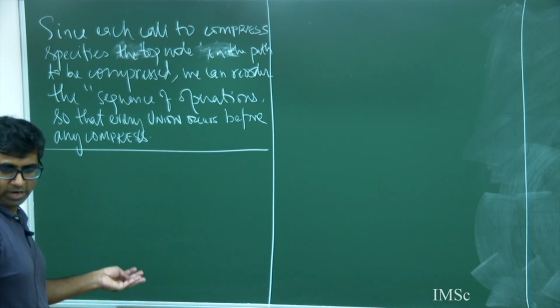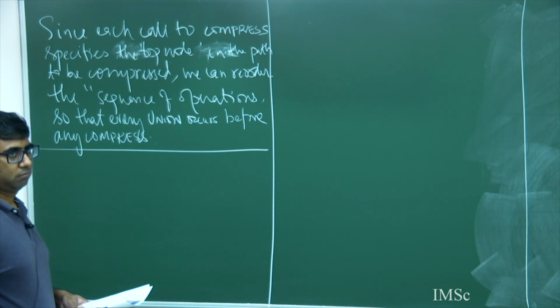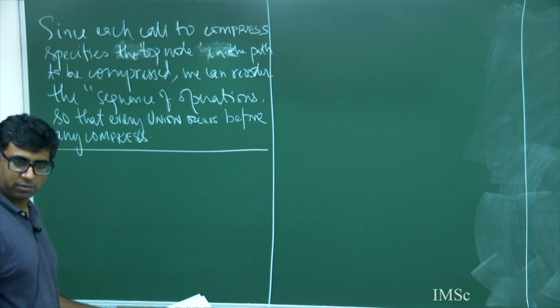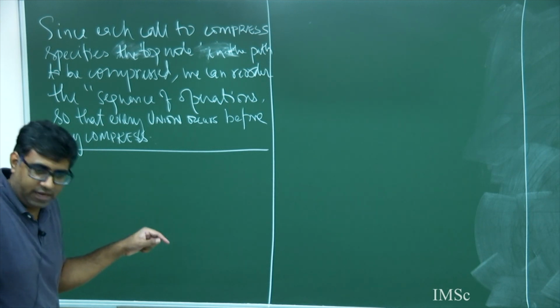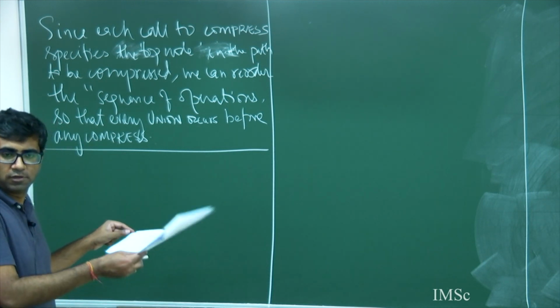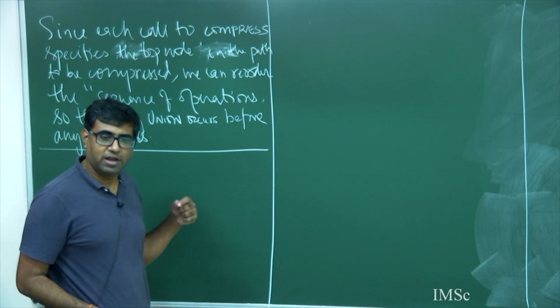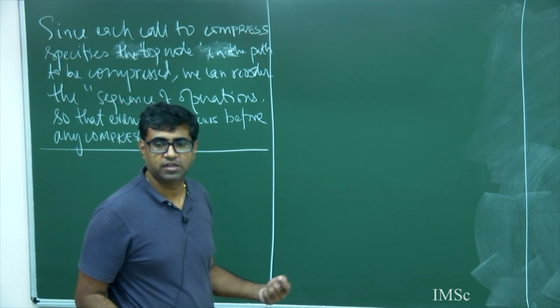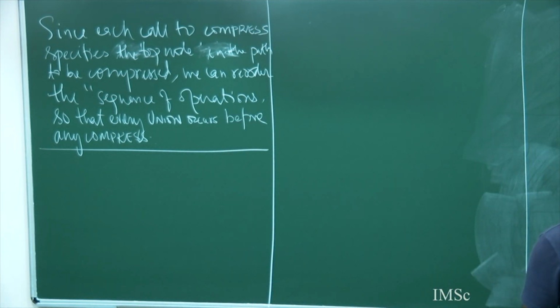I'm just saying, look at this set of operations. First take all the unions, whatever you get, because the paths remain the same if I do the unions first and then the path compression. What are we trying to count? Over all these sequences of operations, we're trying to count how many pointers are being changed. This is exactly what we are trying to count. So if that quantity doesn't change under any reordering of my sequence, we are happy.